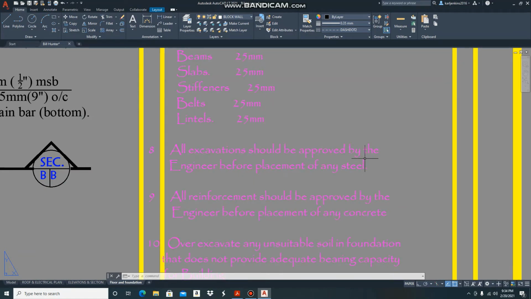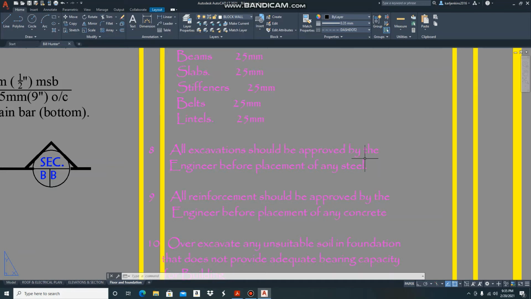So as I said to you before, the foundation notes contain pertinent information that the contractor or the builder must know, because while you're excavating, you can come upon soils that are not suitable to carry the gravity load of the building, and that soil probably cannot carry the weight of the building.